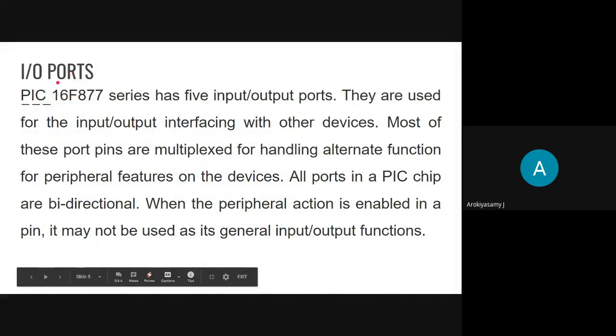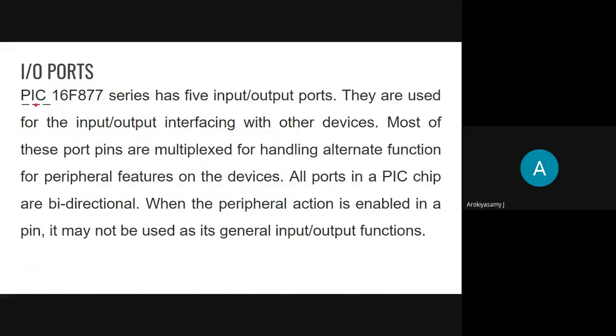Okay. Now we will see a few more details of I/O ports. The PIC 16F877 series has 5 input-output ports. They are used for input-output interfacing with other devices. So provision of parallel I/O ports is a very essential component of a PIC microcontroller, for connecting the microcontroller with other devices.